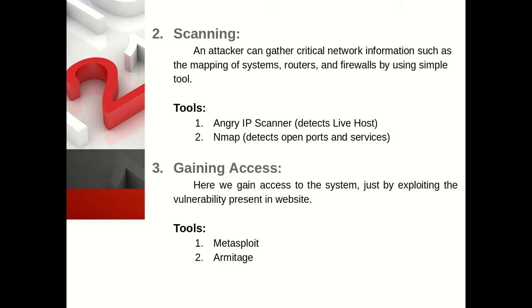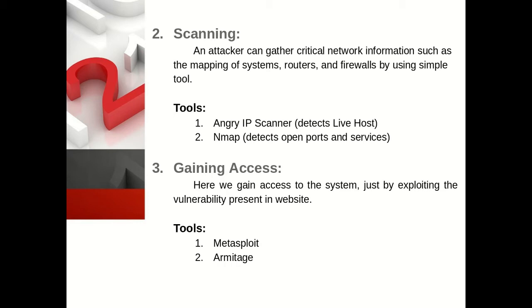And the next phase is gaining access. Gaining access is the third phase in hacking. Here we gain access to the system with the help of vulnerabilities present in the system. These vulnerabilities are gathered in the scanning phase. With the help of those vulnerabilities, we are going to get access to the system.